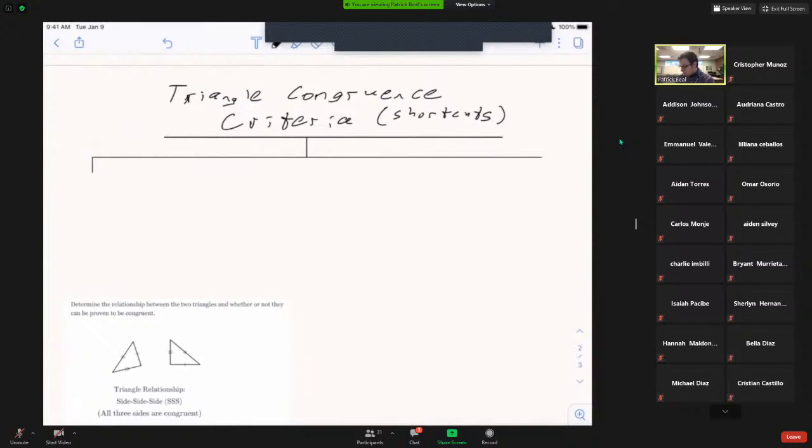Okay, so the first shortcut is what we call SSS. SSS stands for three pairs of sides. It stands for side, side, side.